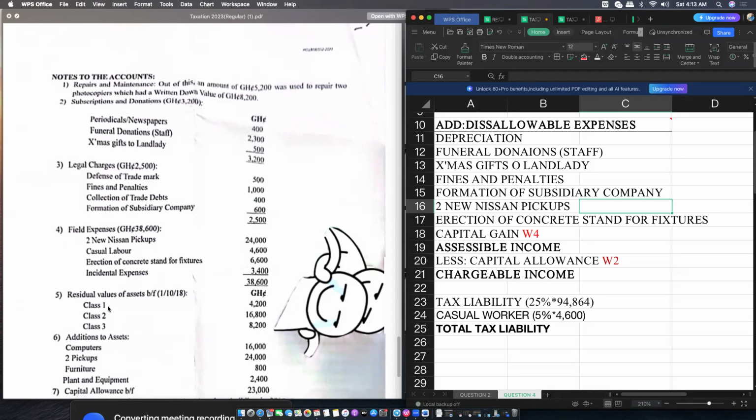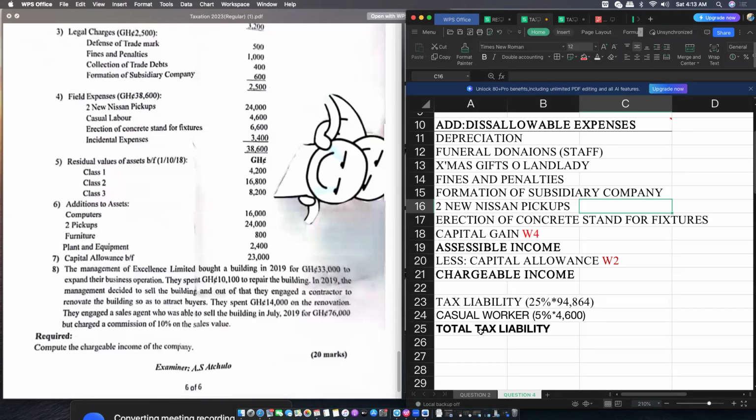So with the 5 and 6, we have already done those ones. So we add all, and then now calculate our capital allowance and add that one also.